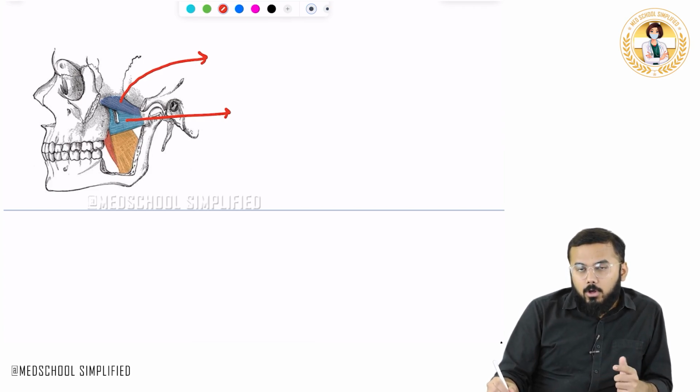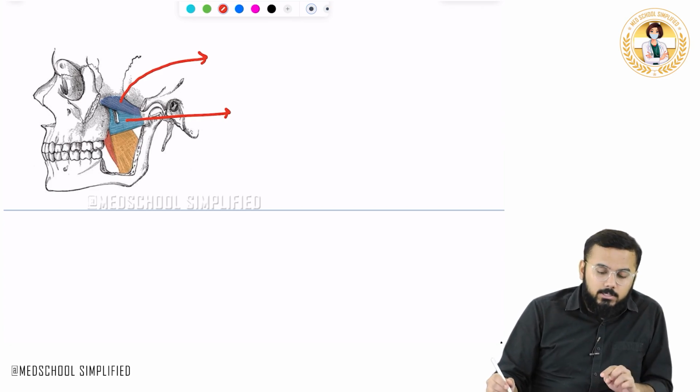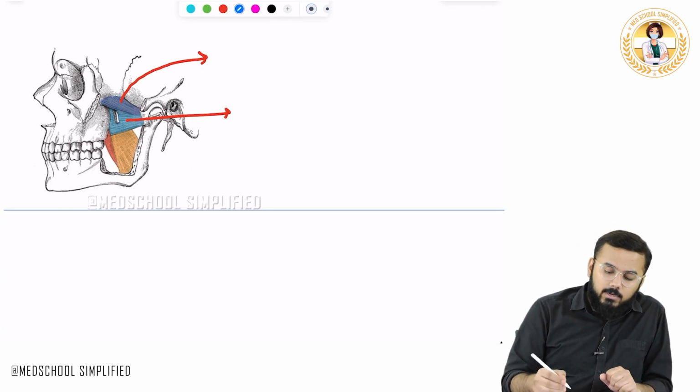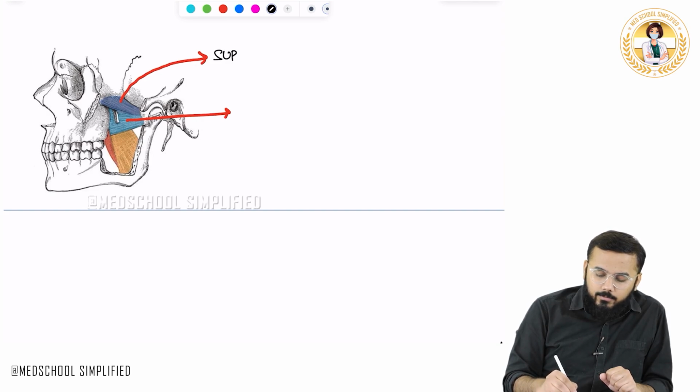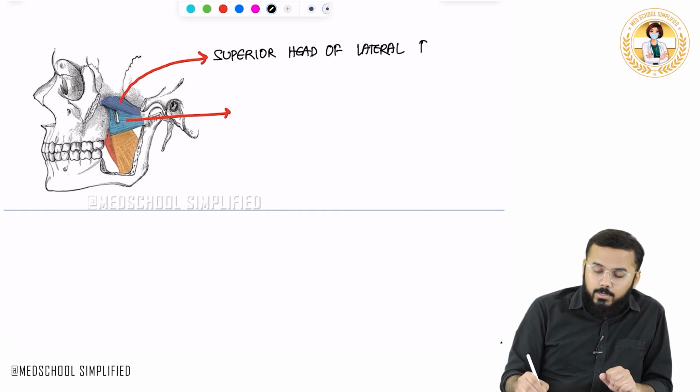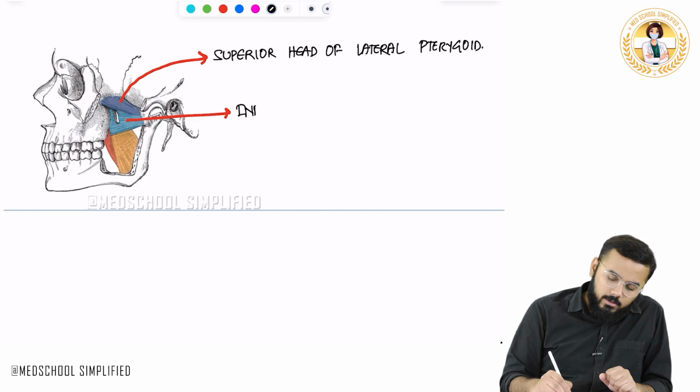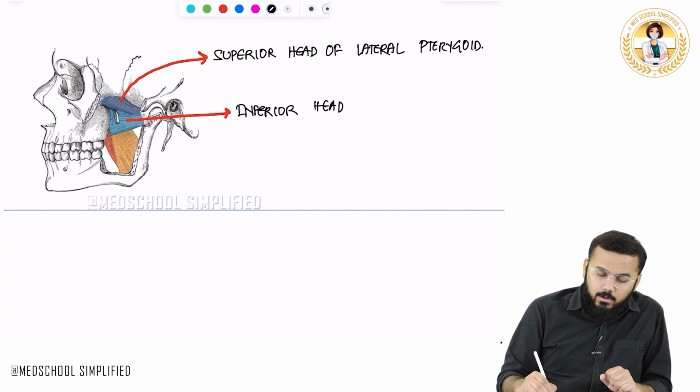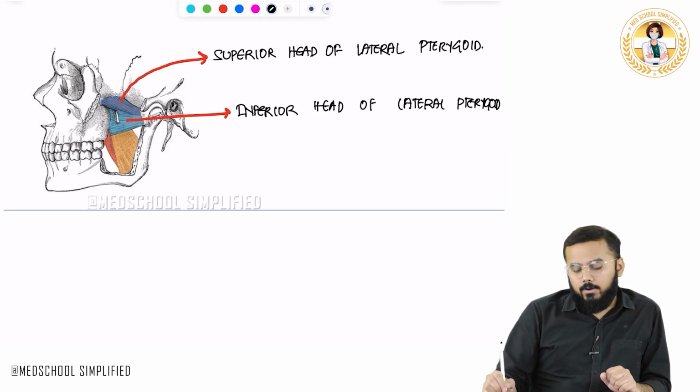The one on the top is called the superior head of the lateral pterygoid, and the next one is the inferior head of the lateral pterygoid.